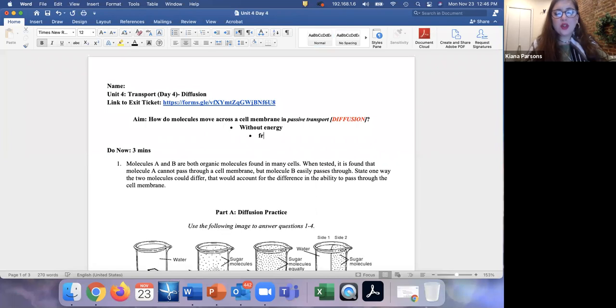We know it occurs from an area of high concentration to low concentration, right down the concentration gradient. And these are the main bullet points, literally, about diffusion that we want to remember.